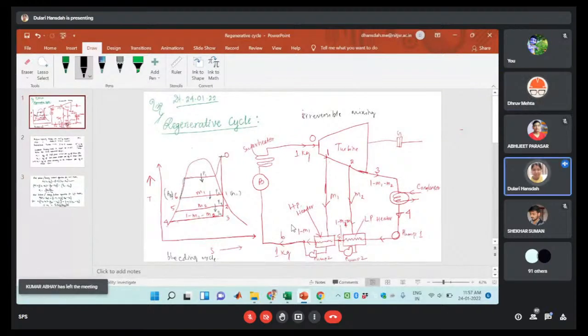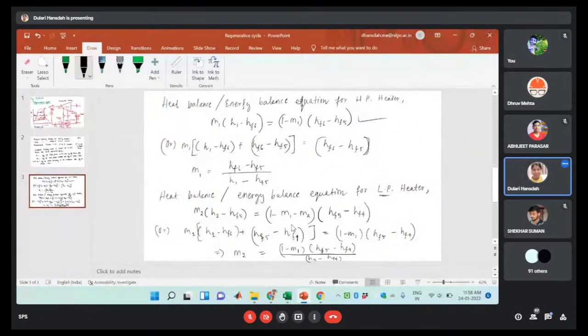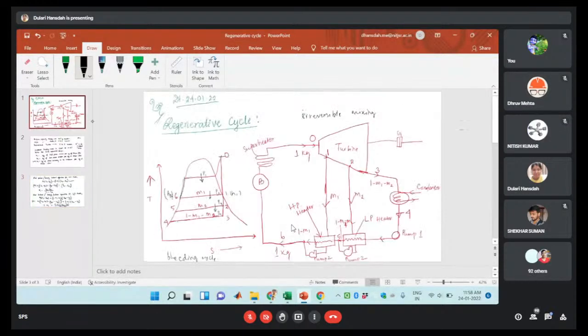Ma'am, will this fourth point be after pump 1 or after the condenser? I think it should be 1 minus M1 minus M2.